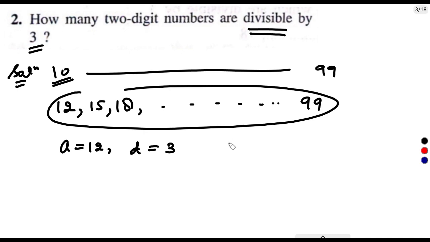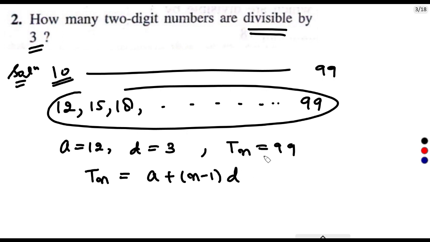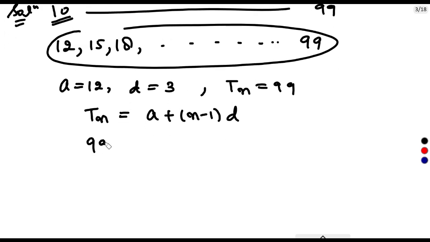Suppose there are n terms, then nth term is 99. Put the given values and solve this for n.